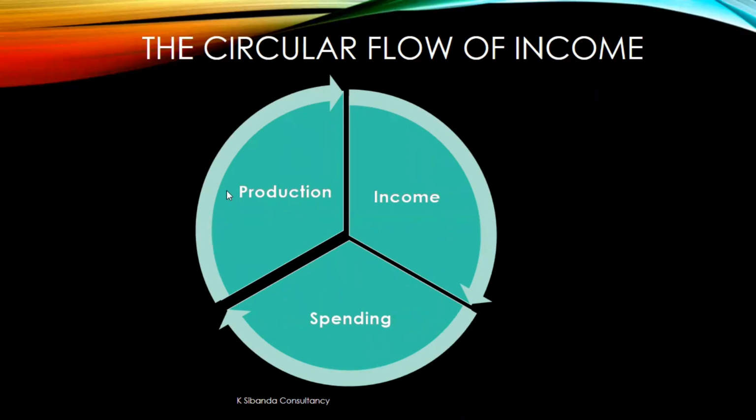And so the circle must continue. It must not be broken. So that is why I was saying initially, it's very important for us to understand the circular flow so that we can understand everything else that follows after this unit.